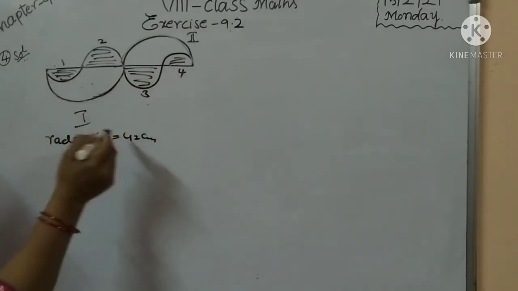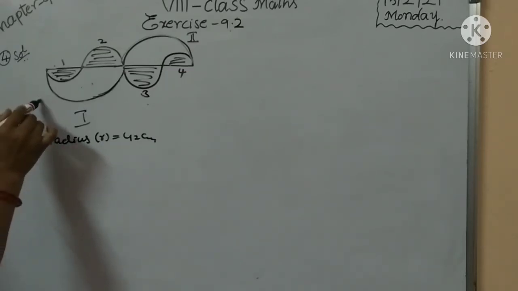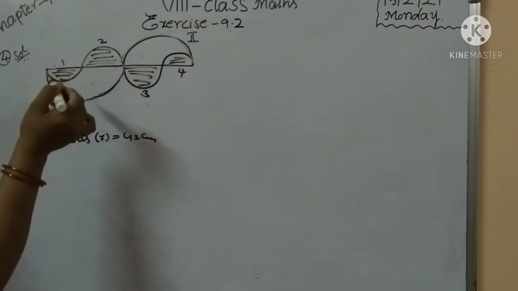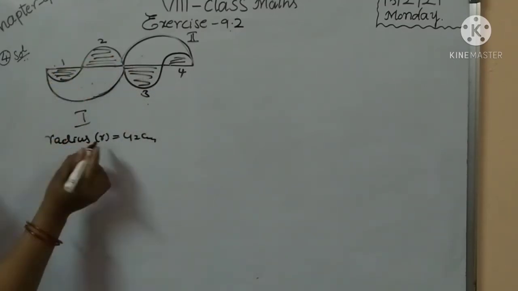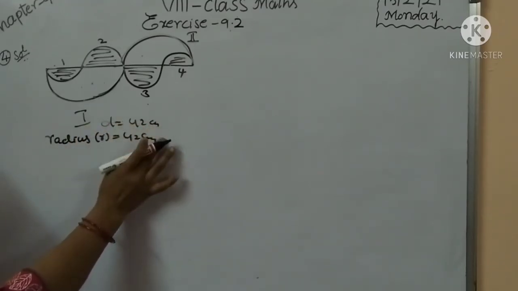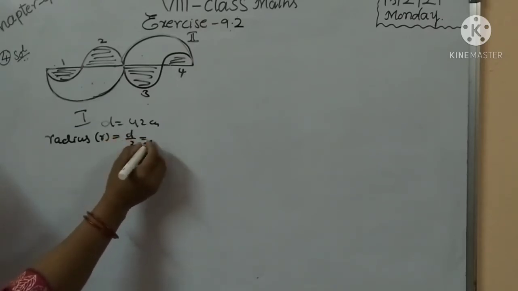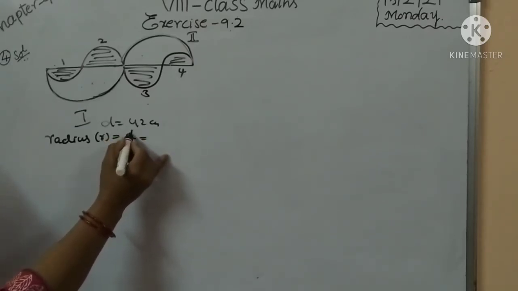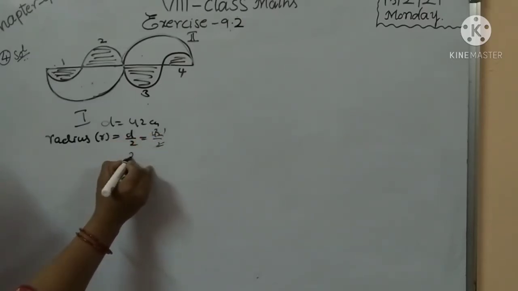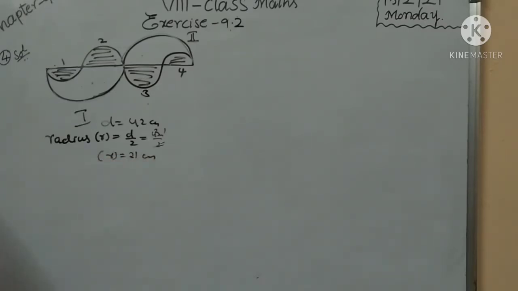So it is a 42 centimeters. So here given the diameter of a bigger semicircle. So it is D. D equal to 42 centimeters. Now find the radius R equal to D by 2. So 42 by 2. 2 twos are 4, 1, 21 centimeters.